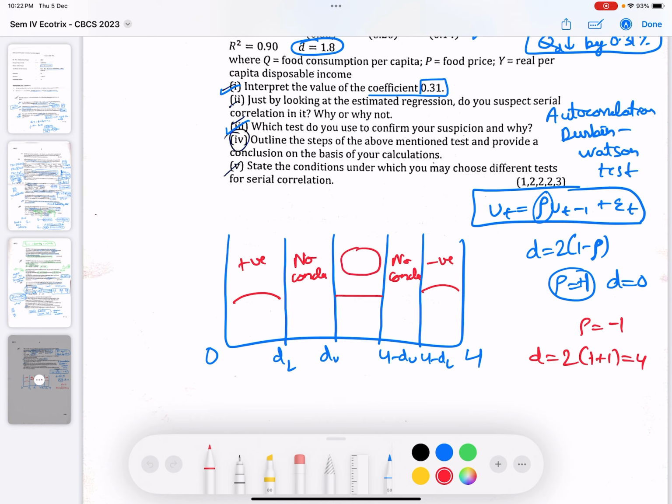In this particular zone, we do not reject the null that there is no presence of autocorrelation. So if we lie somewhere here, there is no autocorrelation present in the model.